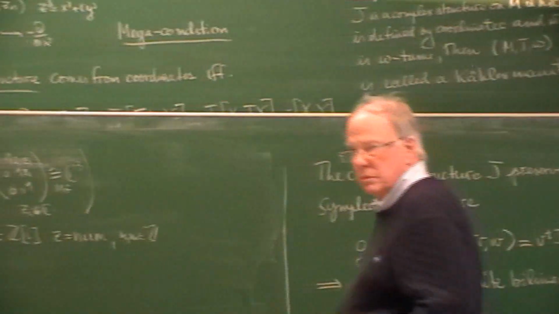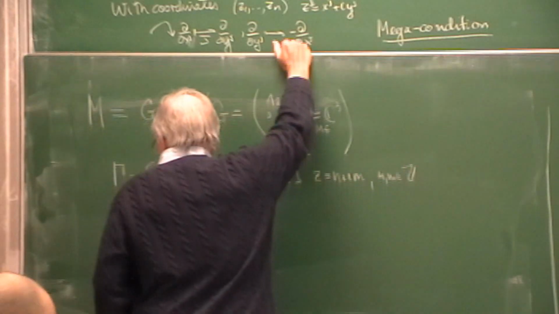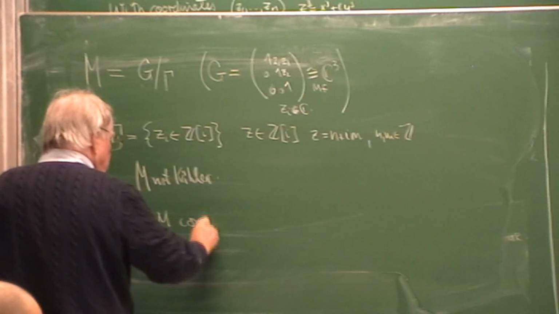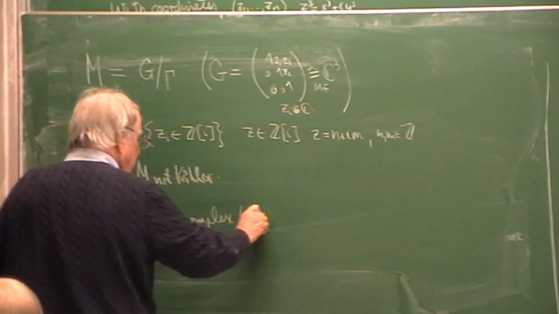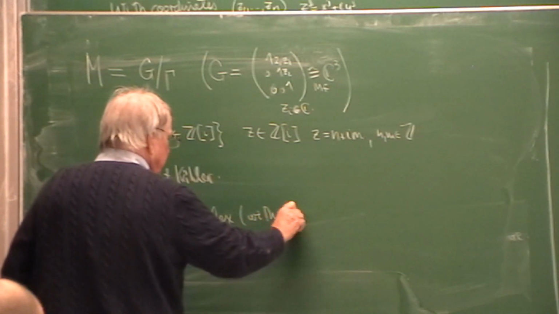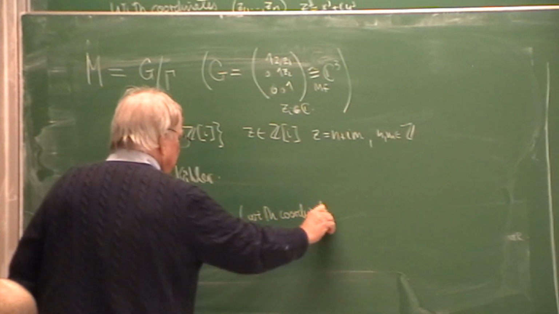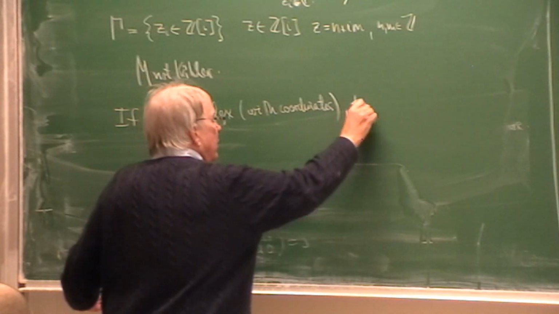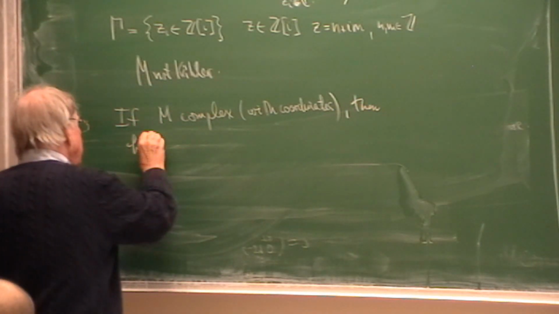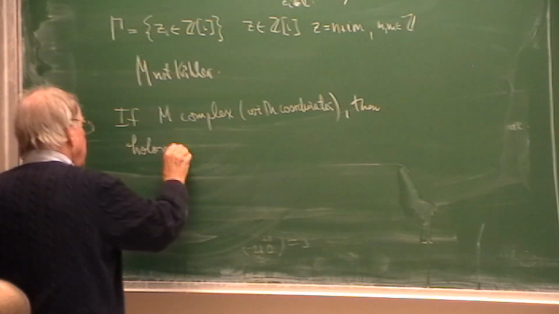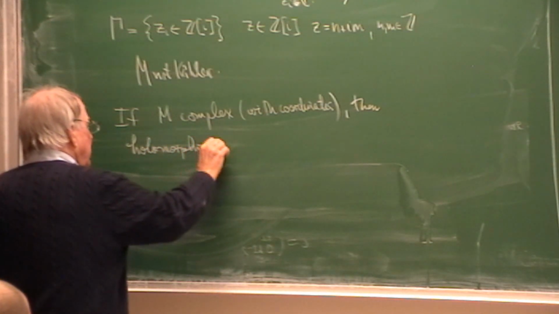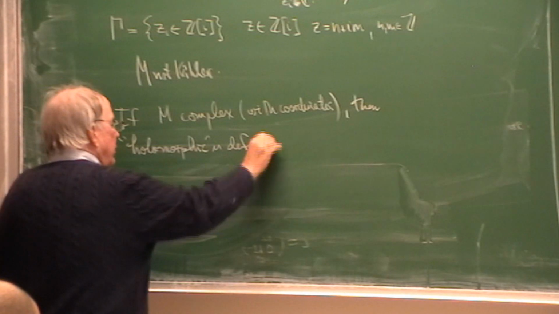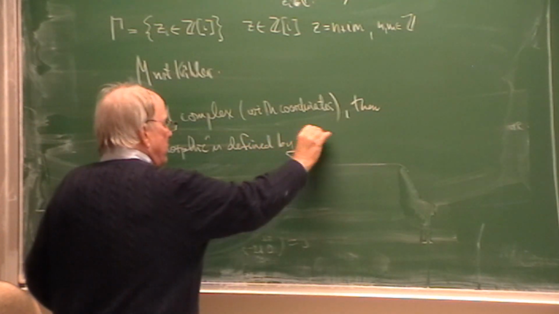As a last remark, if M is complex in the sense of coordinates, then holomorphic is defined by the Cauchy-Riemann equation.